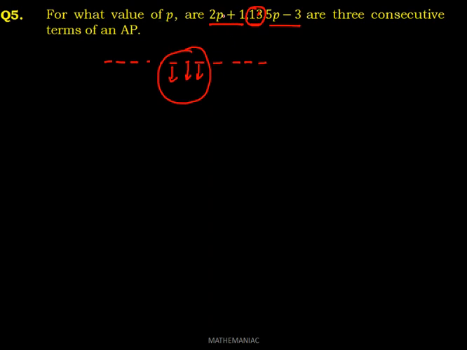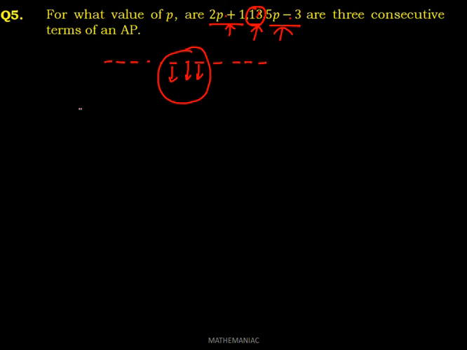It means if I add the common difference to this particular term, I should get 13. And if I add the common difference here, I should get this one. Rather, I can say the difference of these two terms is the common difference, and the difference of these two terms is also the common difference. In other words, these two differences are equal, right?